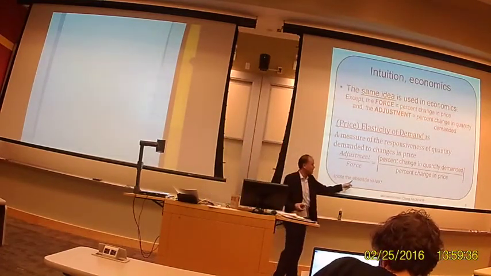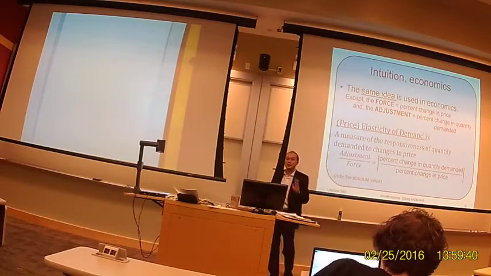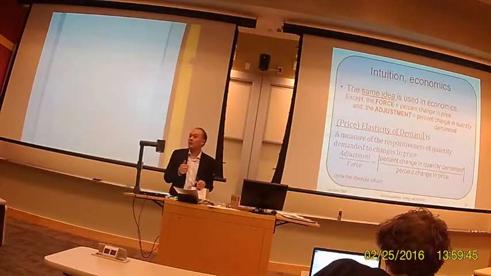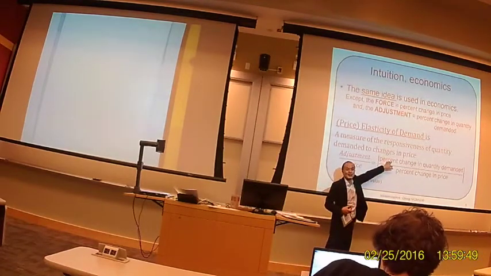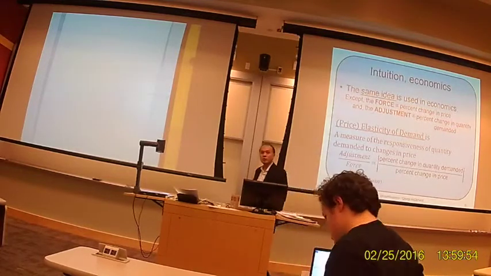The final thing is we use absolute values, so we don't have to use negatives all the time. In a demand curve, whenever we increase price, fewer people are going to want to buy it. So these two things are always going to be of different sign, and we use this absolute value to give us the correct sign.